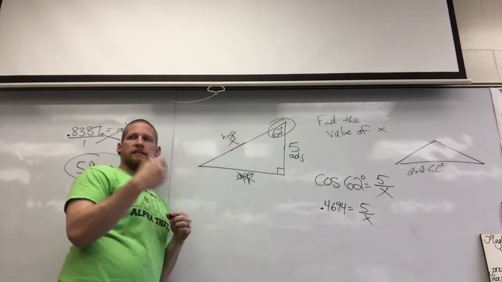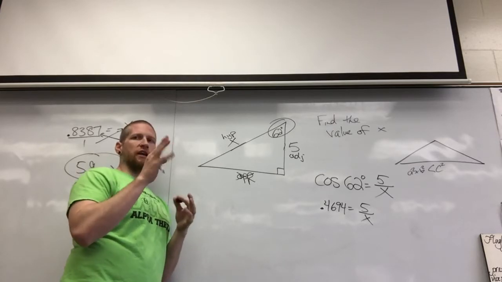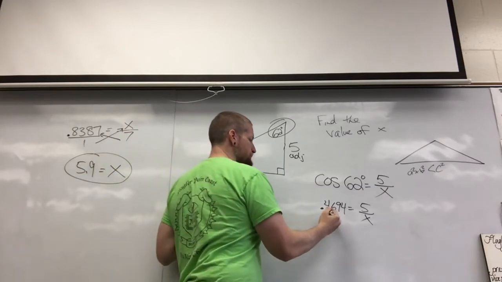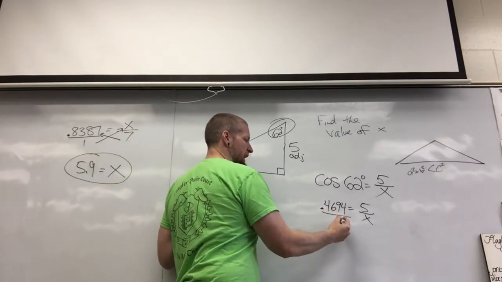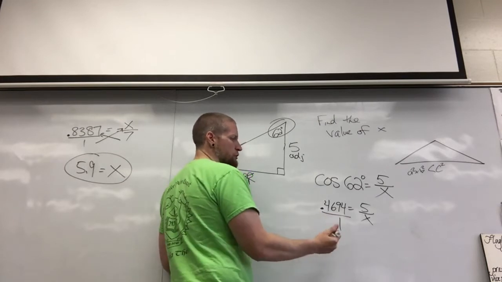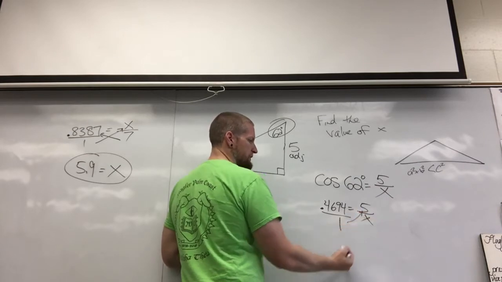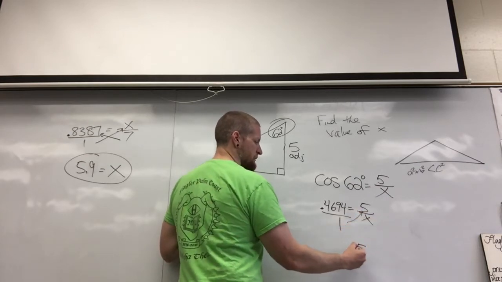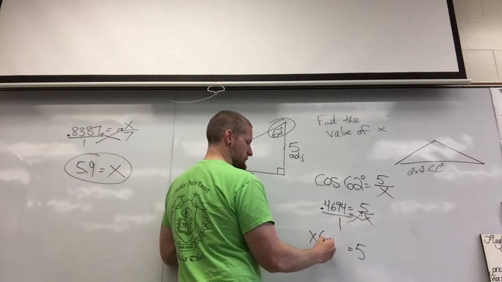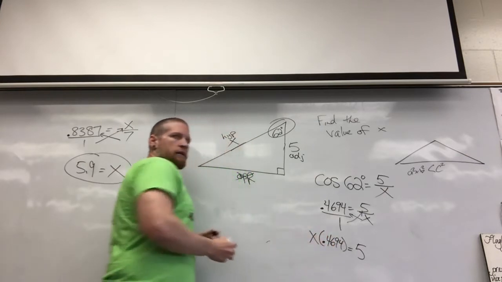In this case, this is where making sure you set it up as a proportion matters, because there are going to be people that do 5 times that number, and that's not right. In terms of cross multiplying here, this 1 is multiplied by the 5, so 1 times 5 is 5, and then the x is multiplied by 0.4694.